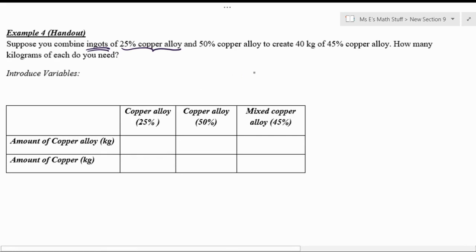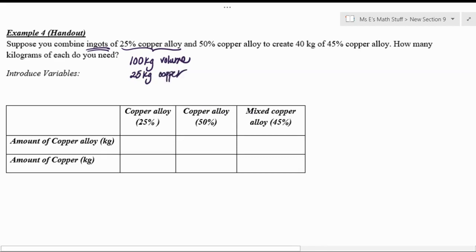If you have 100 kilograms of this 25% stuff, how much of it is actually copper? I hope it makes sense that only 25 kilograms of that is actually copper.